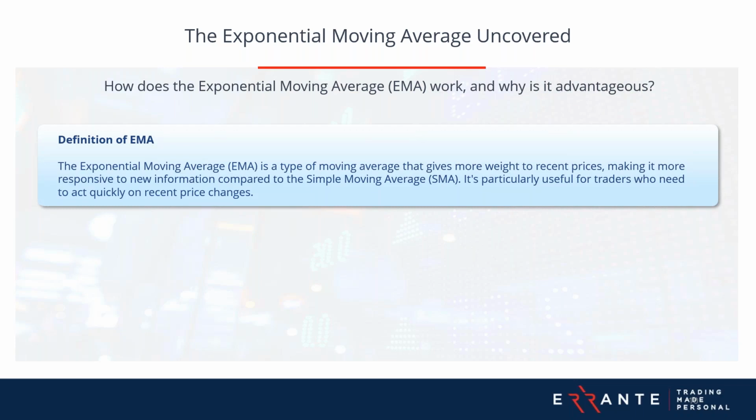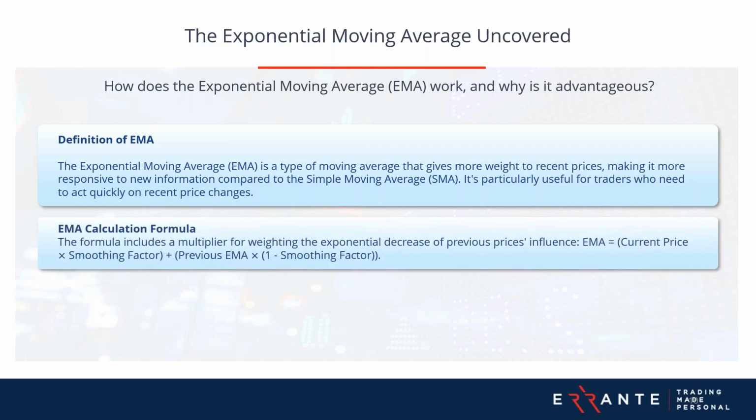The EMA distinguishes itself by emphasizing recent price data more heavily than the SMA, thanks to a unique component called the smoothing factor. This factor is crucial as it directly influences how much weight recent prices carry in the EMA calculation.